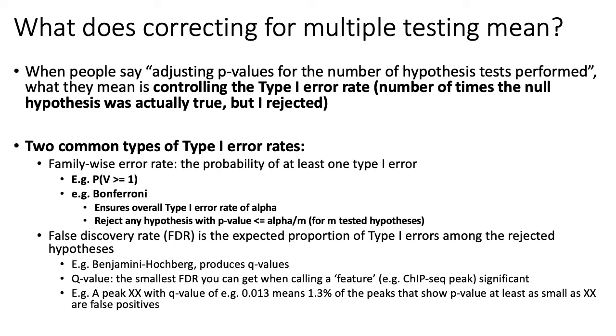So the more classrooms I visit, the higher the bar should be for p to be less than 0.05. And so this is essentially controlling for type 1 error rate, in that I'm trying to adjust the p-values so that I don't reject the null hypothesis too many times as I'm checking multiple classrooms.